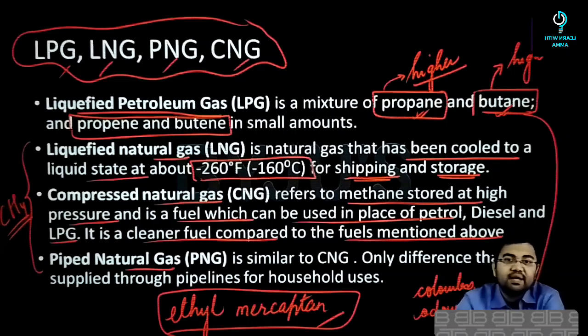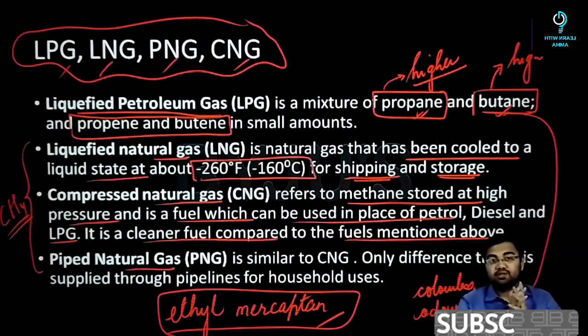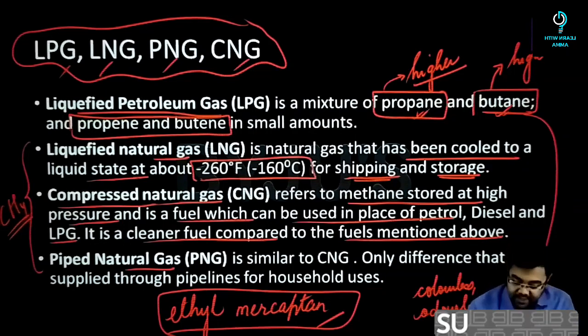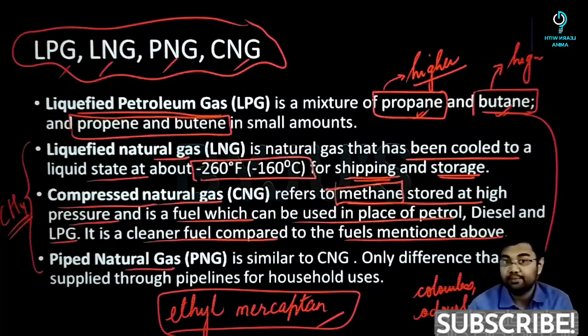We have seen this in Delhi, where we started to remove all the petrol and diesel public vehicles and introduced CNG cylinders, which are being used extensively by auto rickshaws and other transport facilities. So this is what CNG, compressed natural gas, is. Again, this is formed of methane.